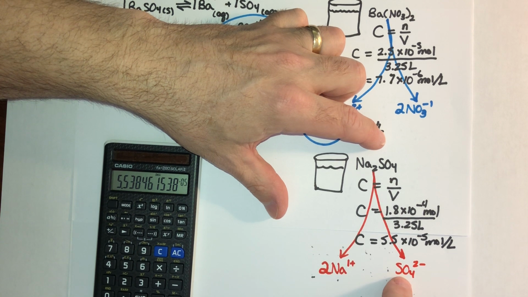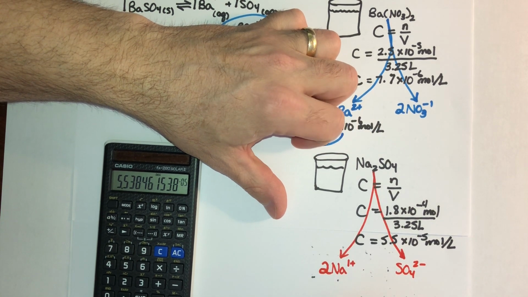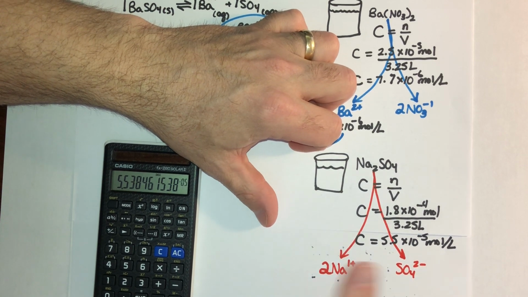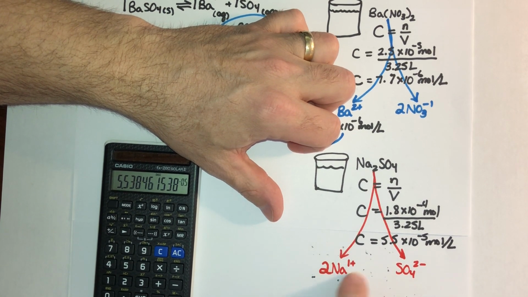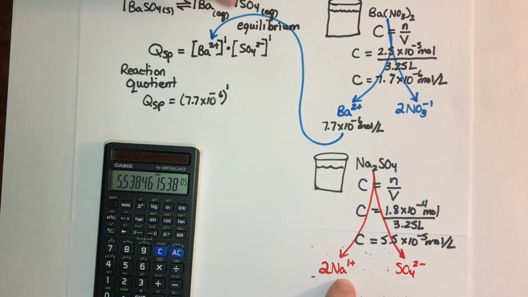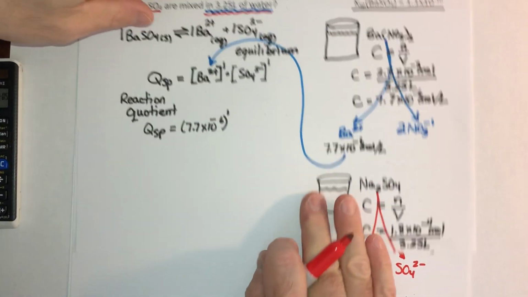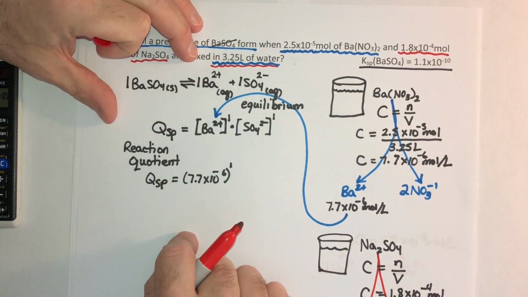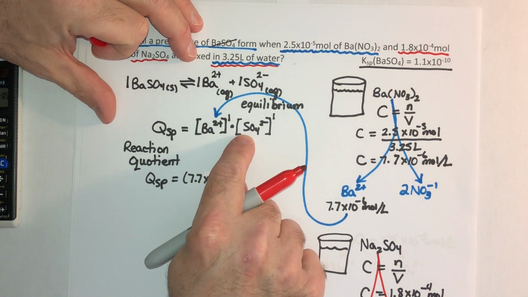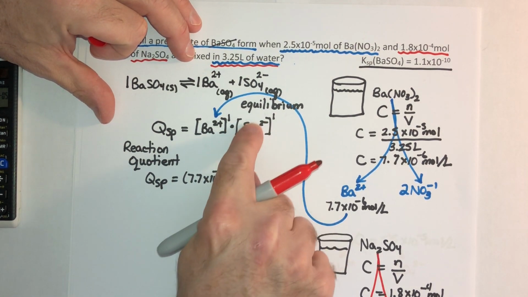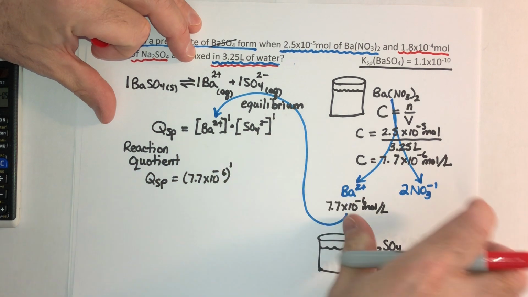Okay, so 2 to 1. Just like the last time, one chemical has a 2 in front of it, the other chemical has 1. And just like the last time, the chemical with the 2 in front of it is not the important chemical, right? If we think back to our original reaction quotient, what chemical am I interested in? I'm interested in the sulfate, not the sodium.